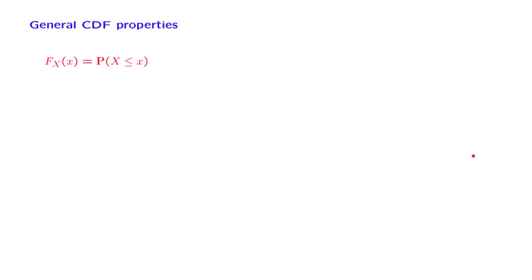CDFs have some general properties, and we have seen a hint of those properties in what we have done so far. The CDF is by definition the probability of obtaining a value less than or equal to a certain number little x. It's the probability of this interval. If I were to take a larger interval and go up to some larger number y, this would be the probability of a bigger interval, so that probability could only be bigger.